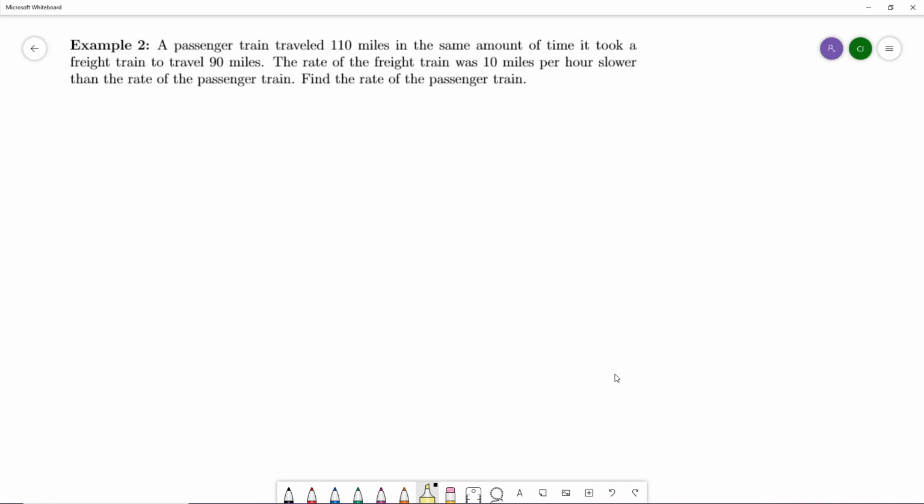So what's important? A passenger train traveled 110 miles in the same amount of time it took a freight train to travel 90 miles. The rate of the freight train was 10 miles per hour slower than the rate of the passenger train. And our goal is to find the rate of the passenger train.